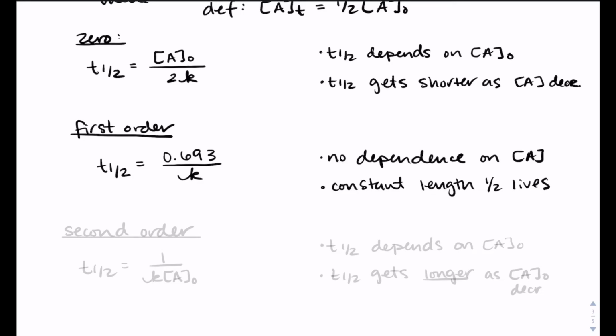So something like caffeine in your body is eliminated by first order kinetics. It doesn't matter how much you consume, you will cut that amount in half in predictably length units, right? Whatever the length of the half-life is, if you consume 800 milligrams of caffeine in one half-life, you'll go to 400. If you consume 600 milligrams of caffeine, in one half-life, you'll go to 300, but that's in the same amount of time.